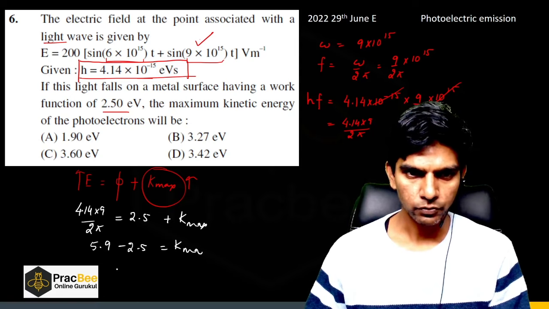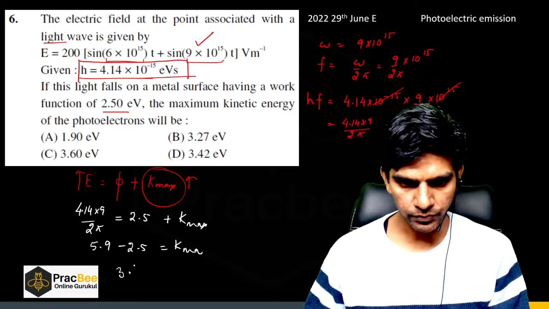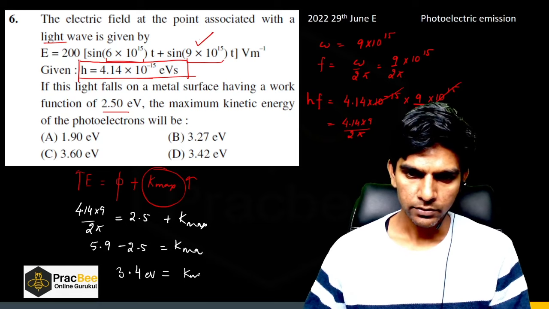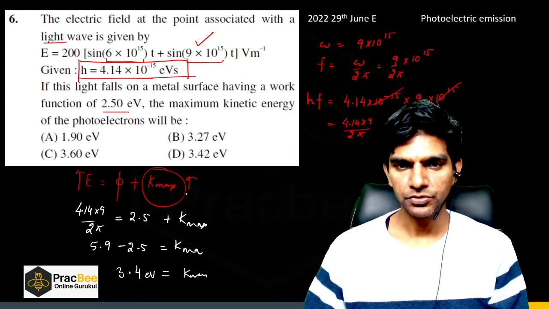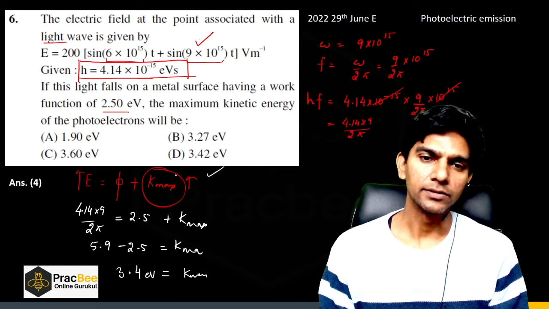So this comes out to be 3.4 electron volt. So that is the answer. So 3.4, so 3.42. So option 4 is the right answer.